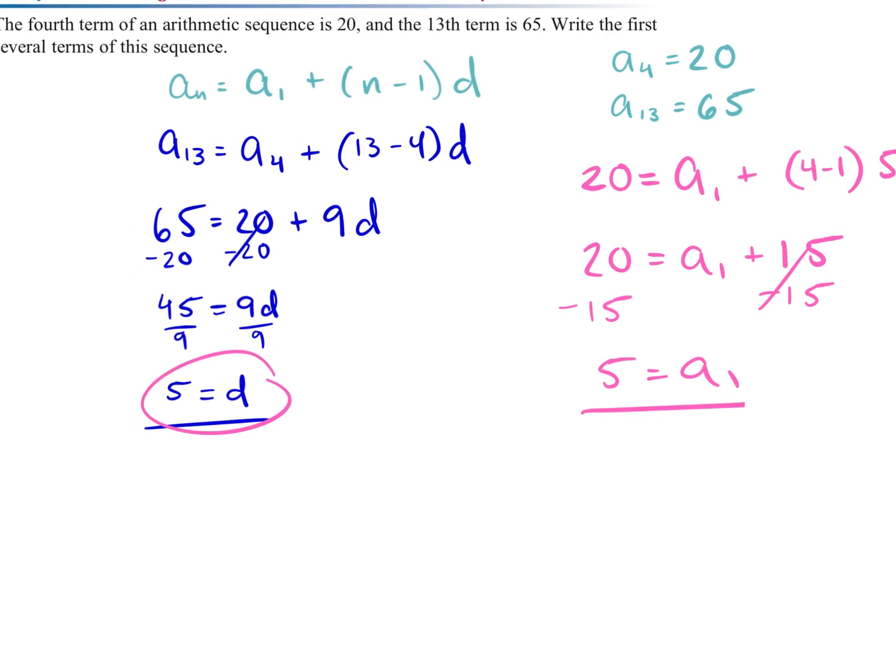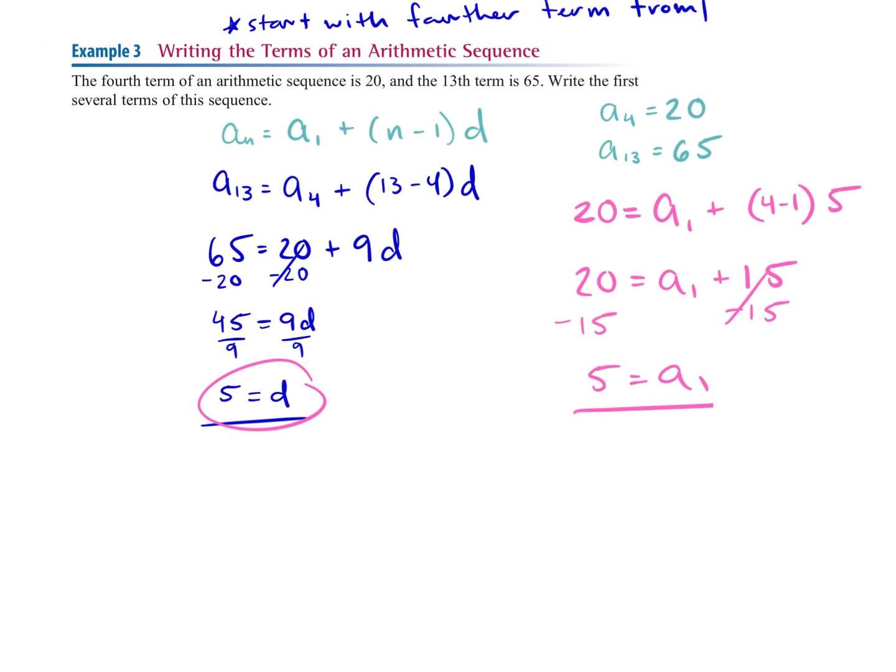So when it asked me to write the first several terms of this sequence, A sub 1 is equal to 5. What would A sub 2 be? How would we find A sub 2? We could plug 2 into our formula and find the second term. But what's our common difference? What's D? 5. So what am I adding to get from one number to the next? 5.